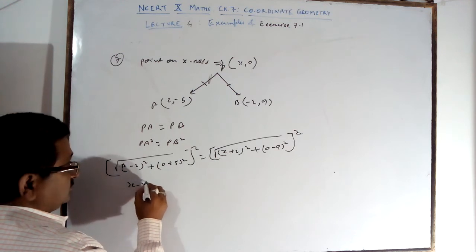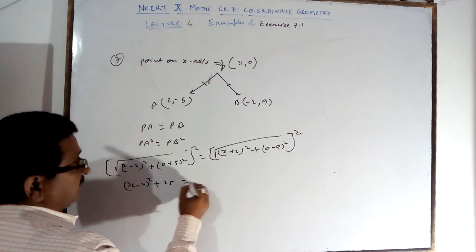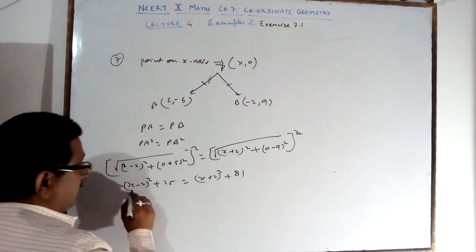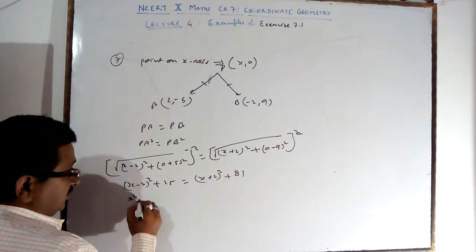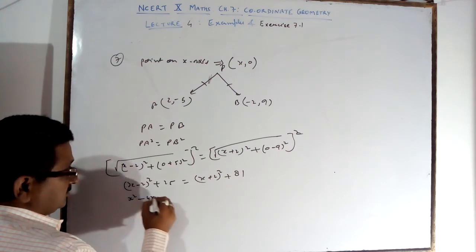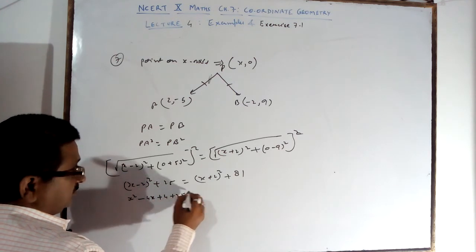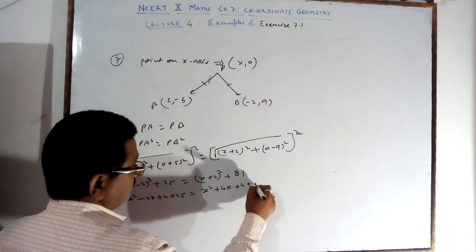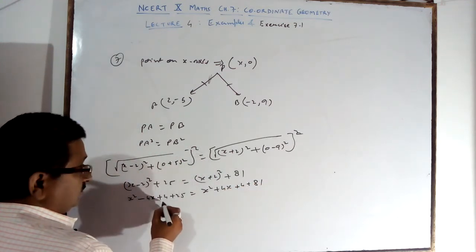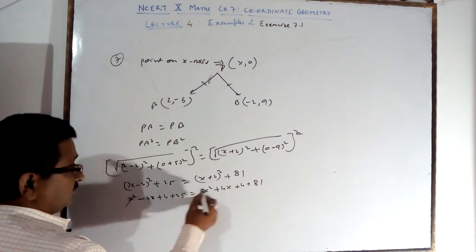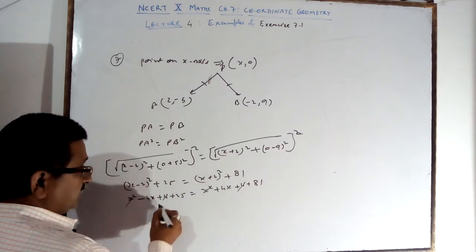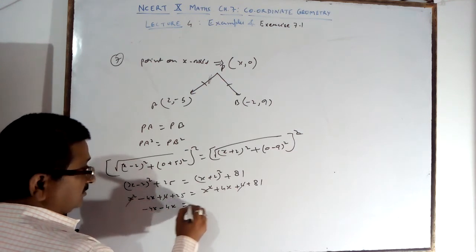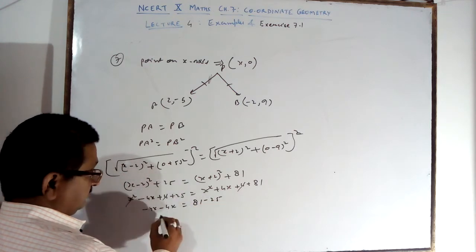So (x minus 2) square plus 25 is equal to (x plus 2) square plus 81. You solve it. x square minus 4x plus 4 plus 25 is equal to x square plus 4x plus 4 plus 81. Here you can cancel x square on both sides, and 4 you can subtract, so minus 8x is equal to 81 minus 25.